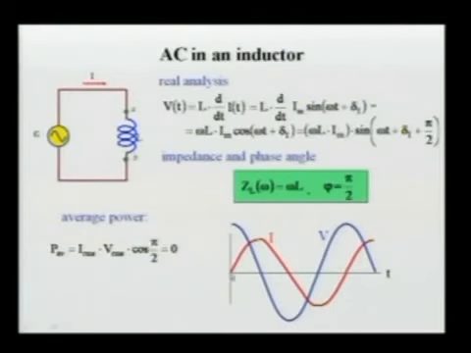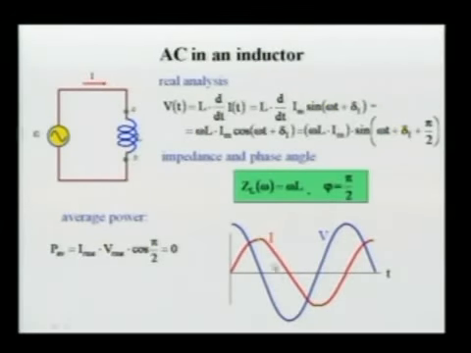Let's say at this instant, how much power is delivered to an inductor? 0. Now in this interval, power delivered to the inductor is positive, negative, or 0? Positive, yeah, because both current and voltage are positive. How about this interval?